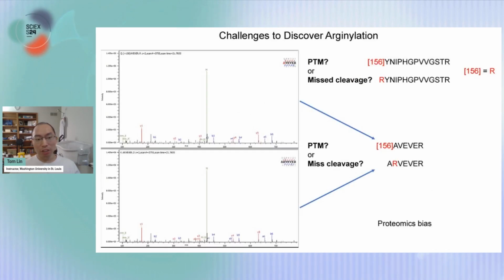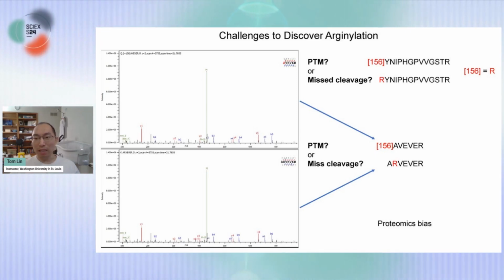So the main challenge is to differentiate the post-translational arginylation of a peptide sequence from the translational arginine. As you can see from the top right, if you search arginine as a PTM, you will get the top sequence with the N-terminal arginylation.